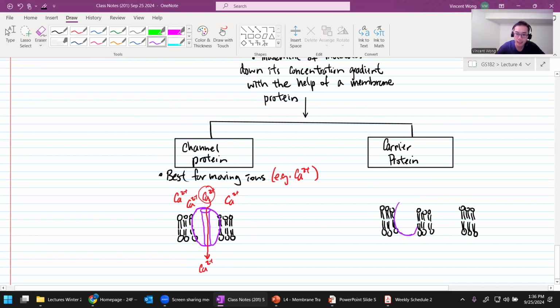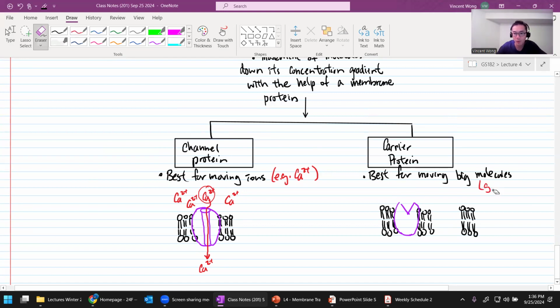It's like Pac-Man. You know Pac-Man, like that video game where the yellow guy eats all the dots? So it's like Pac-Man here. And let's say you have a really big molecule. I should write it down for you. Best for moving big molecules that are not hydrophobic specifically.